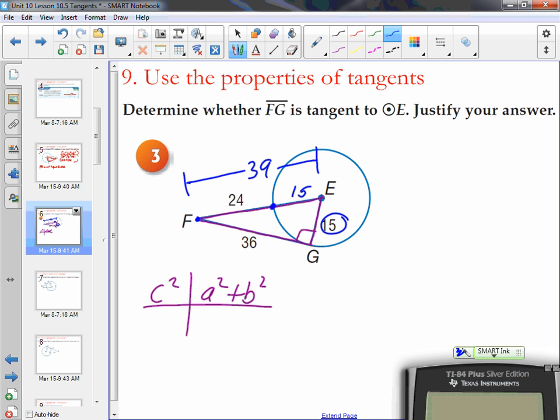So again, it's kind of tricky, but it's not a trick. I expect you to be able to notice that and figure that out. Okay? So, let's see then. 39 would be the potential hypotenuse, so 39 squared. Then we'd have 15 squared plus 36 squared.